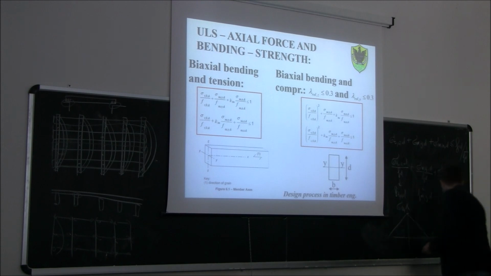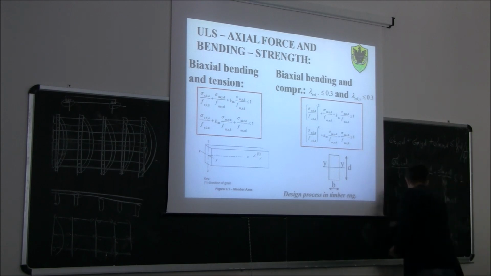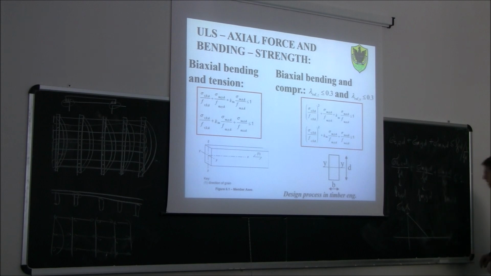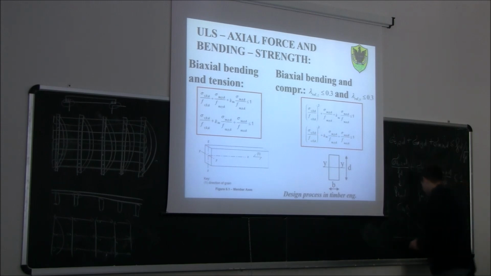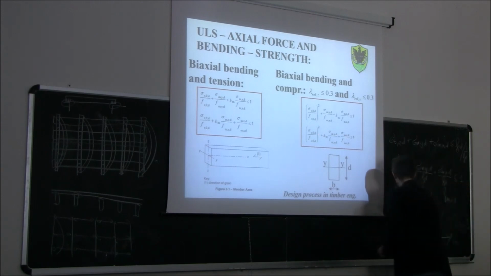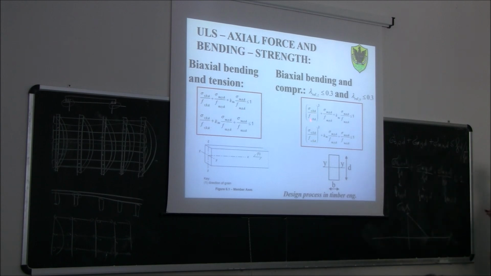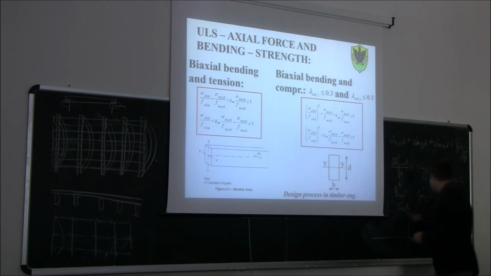So let's do only the one in tension. Okay? The one in compression, so this is tension, and this would be compression. The one in compression is a quadratic domain. So the one in compression becomes a domain like this.